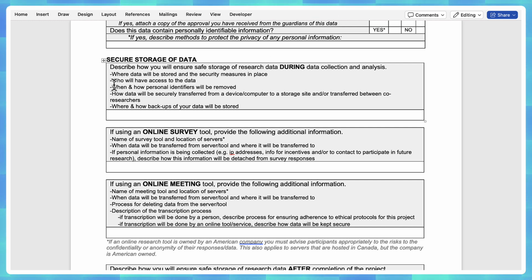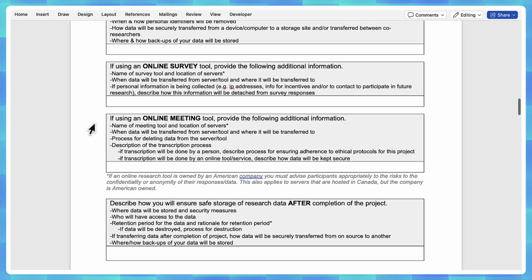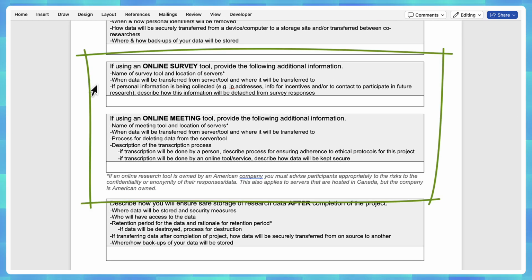In addition to those questions, if you're using either an online survey tool or an online meeting tool, we have a couple of other data security questions that we would like you to answer for this application form. They're very similar, with one little difference.